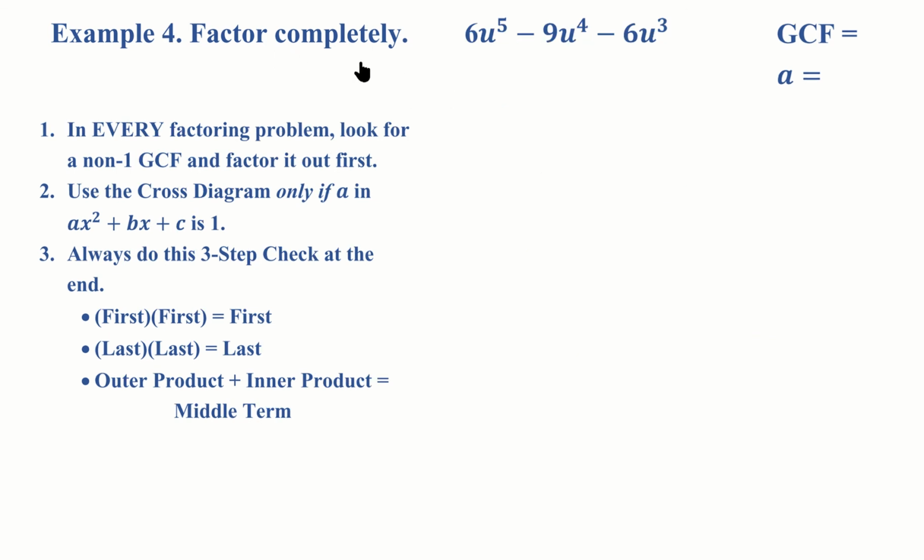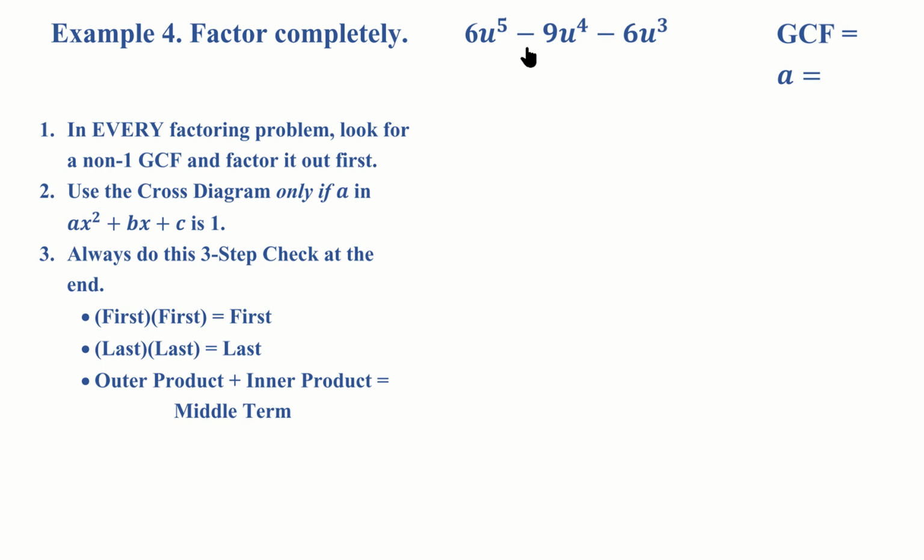All right, so here's another one. Go ahead and try this, and then when you have done your best, come back. Okay, so we notice that this is a problem in which the GCF is not 1.